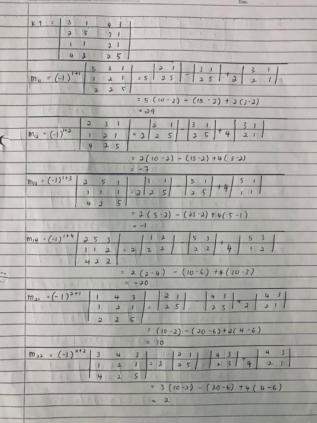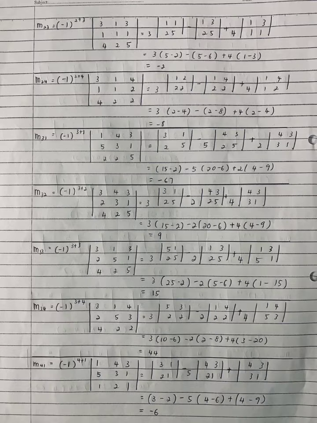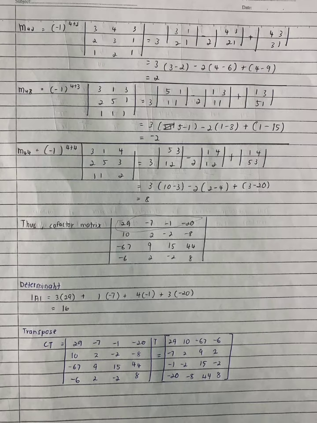M21 is 10, M22 is 2, M23 is negative 2, M24 is negative 8, M31 is negative 67, M32 is 9, M33 is 15, M34 is 44, and M41 is negative 6, M42 is 2, M43 is negative 2, and M44 is 8.